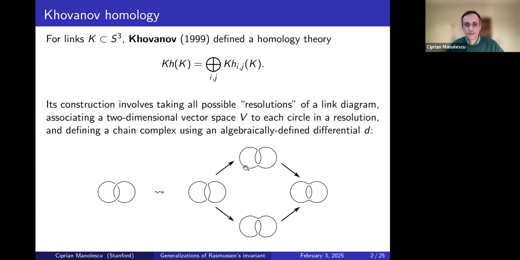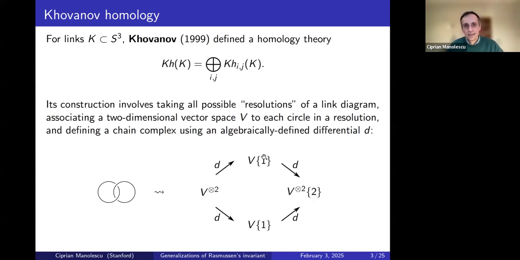For every circle, you associate a two-dimensional vector space, V, and then you tensor them together. You add some shifts in grading, and then you have some differential, which is given by an explicit formula by multiplication and co-multiplication on V. And then you take the homology, and that's the definition of Khovanov homology. Well, with some signs, you have to add some signs.